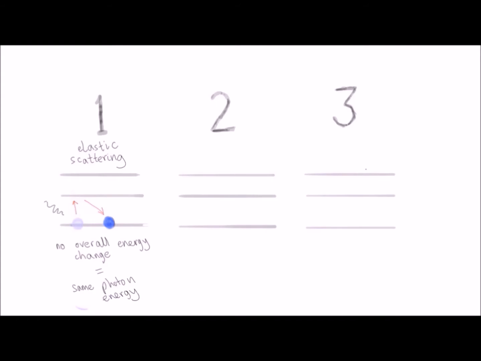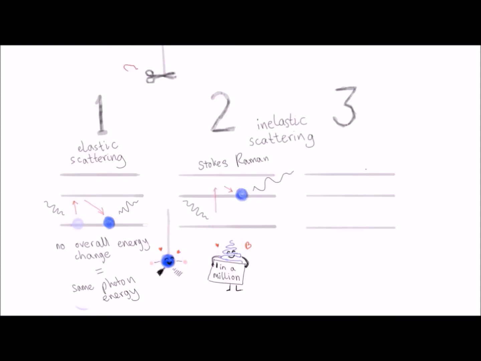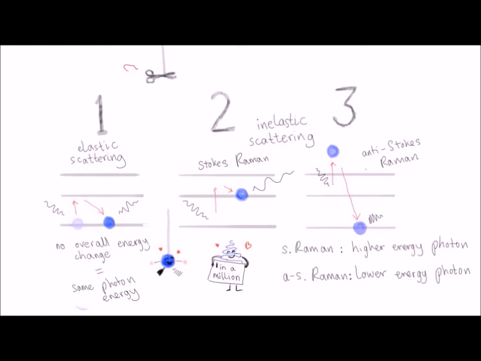Here, one of 3 things can happen. In the majority of cases, the molecule relaxes back to its original vibrational energy state, which is known as elastic scattering, but 1 in every million scattering events is inelastic. This means that the molecule spontaneously relaxes to a vibrational energy state which is higher or lower than the original state.